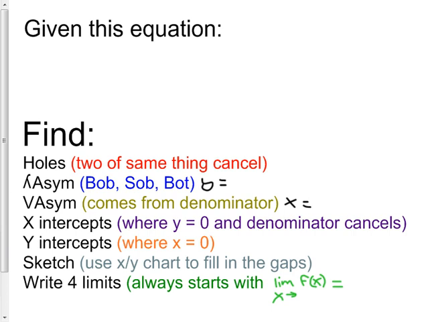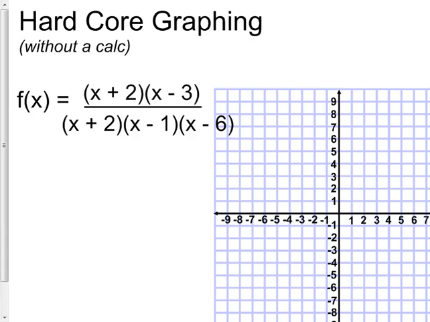All right, now I'm going to give you an equation. I'm going to leave them up here. And I'm going to give you an equation. I want you to do each of these things. I want you to find holes, if it has any. Find horizontal asymptotes. Find the verticals, etc. All right. We're going to do this one.